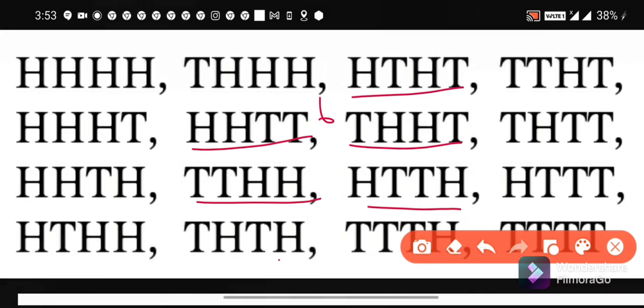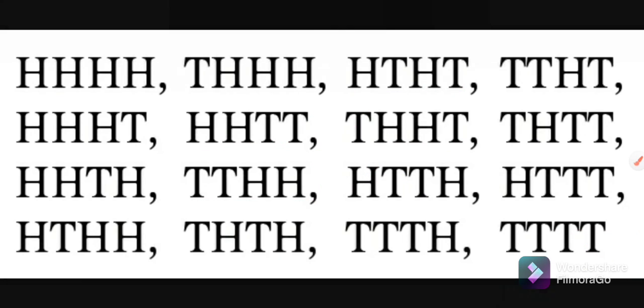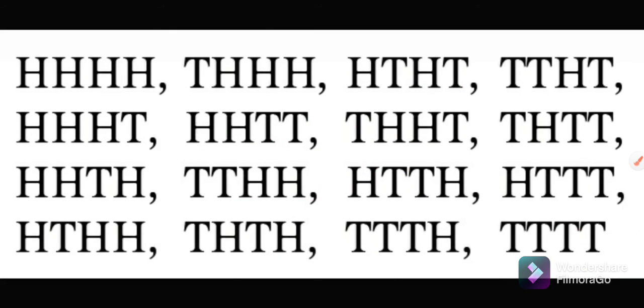Now 6 are favorable chances and the total number of chances is 16. Now convert this into simplest form, 3 by 8. So 3 by 8 is the right answer.